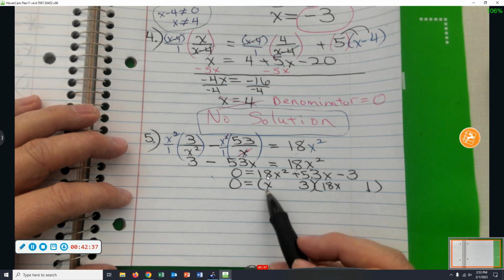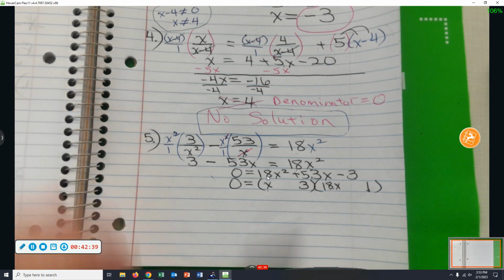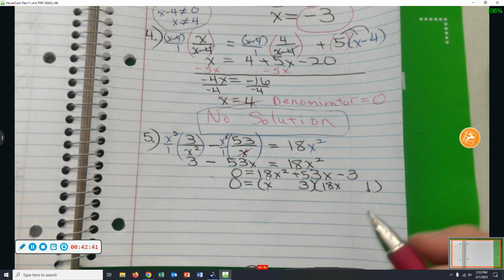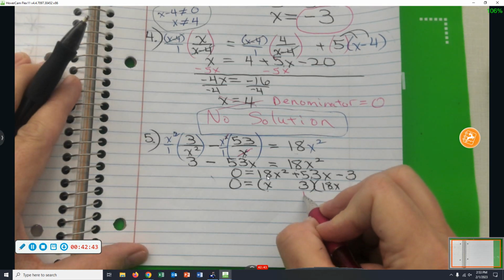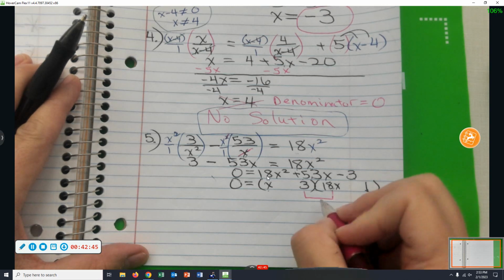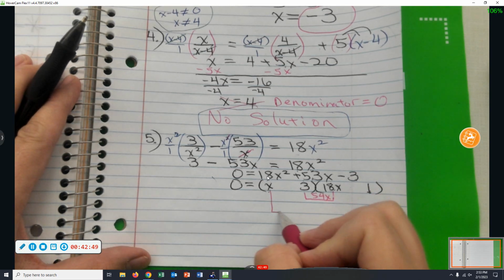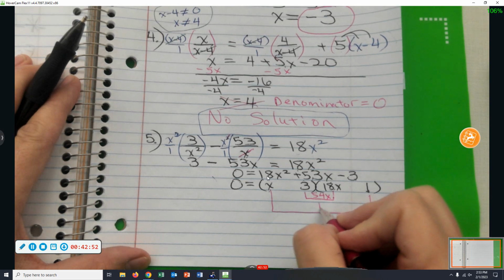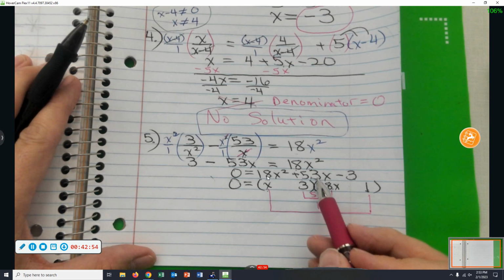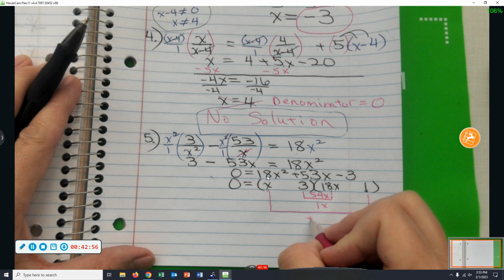And so if we're going to use 1x and 18x, we better have it like that. And let's check. Let's make those little bars that Tony makes. 3 times 18x, that's a 54x. x times 1, that's a 1x. And what do we need? We need a positive 53x.